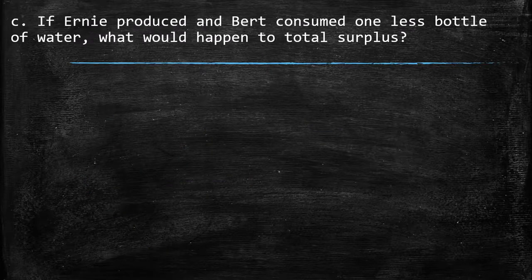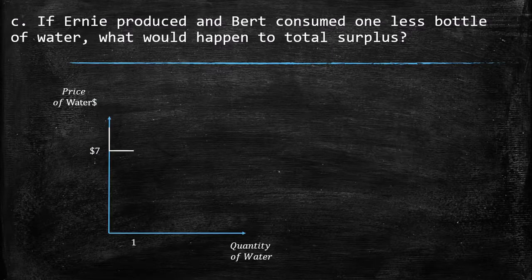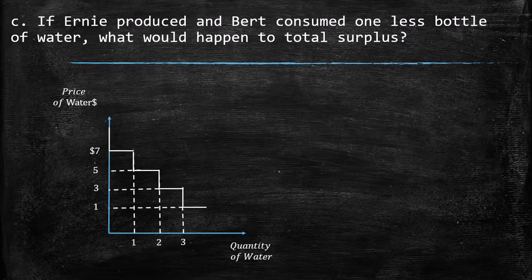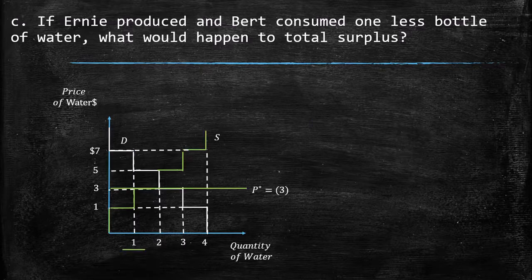C. If Ernie produced and Bert consumed 1 less bottle of water, what would happen to total surplus? So this one is what I think about this point. So here we have both. When Ernie produced 1 less, so instead of producing 2, Ernie will produce 1.